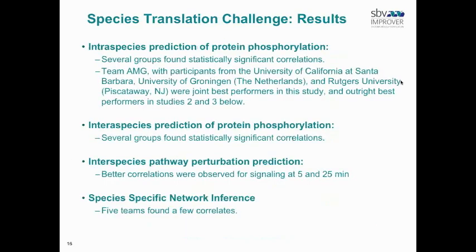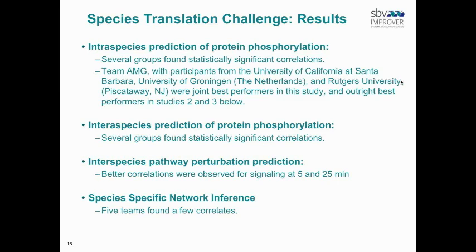So intraspecies prediction worked the best. You can imagine that predicting from rat to rat is the easiest. Several groups found statistically significant correlation, and the best performing team was from University of California at Santa Barbara.